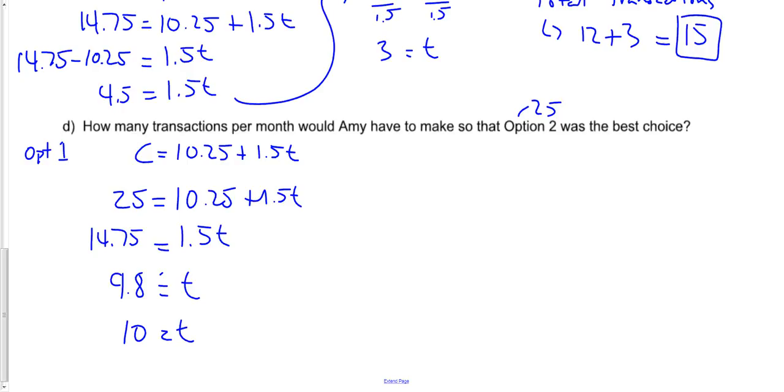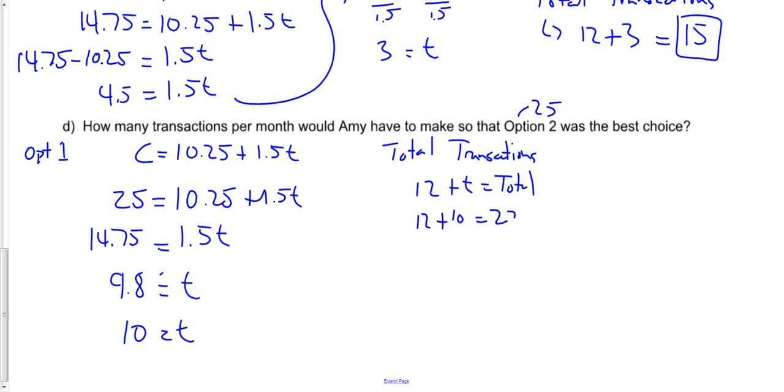Okay, so I know that if there's a T value, just like we had at the top, that means that the total number of transactions is going to be 12 plus T. So 12 plus 10 is going to equal 22 total transactions.